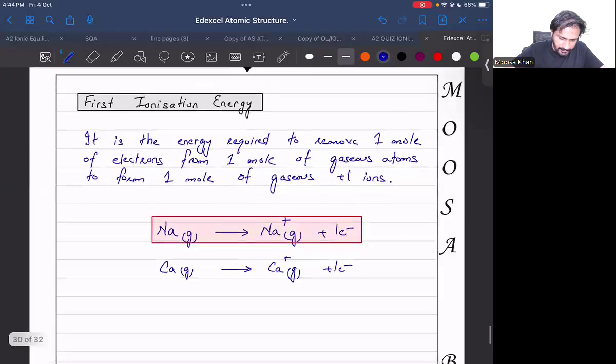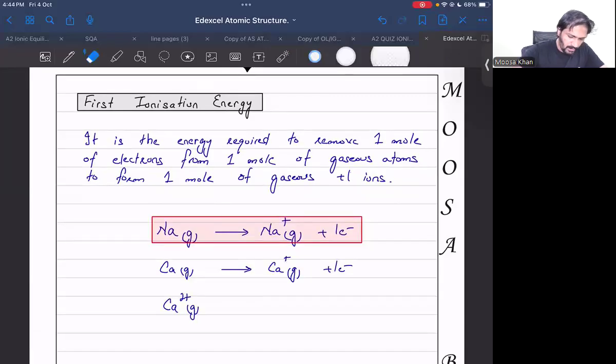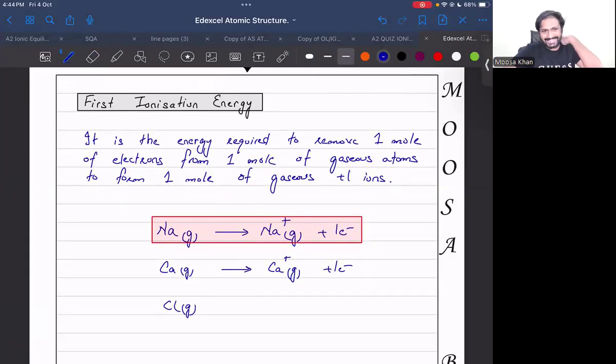Similarly, we can also take 1 mole of gaseous chlorine atom. No, for negative ions, we are not actually removing the electron. We are adding the electron. And whenever we add an electron, that's not ionization energy, that is called electron affinity.